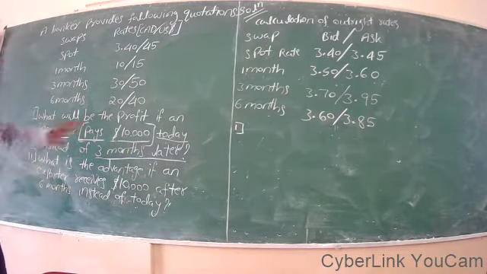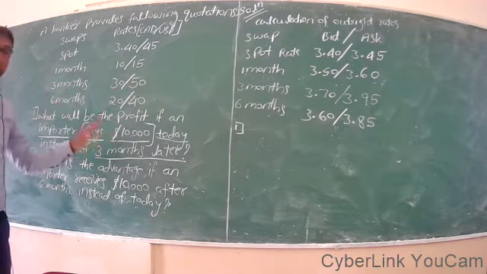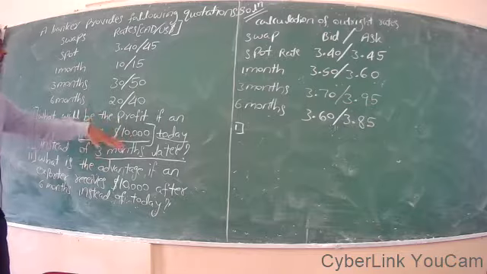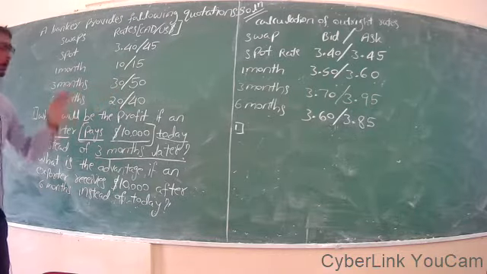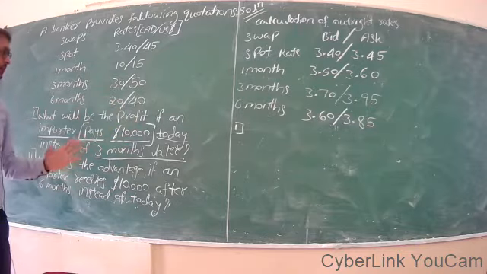If he is to pay $10,000, he has to buy the dollar by selling Canadian dollar, right?